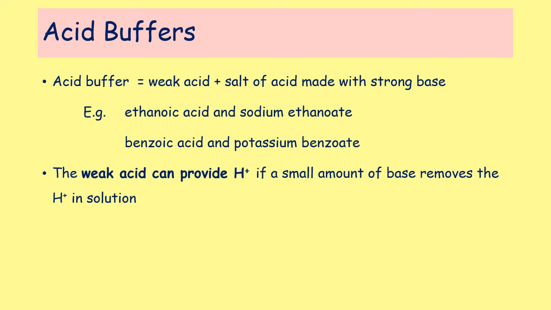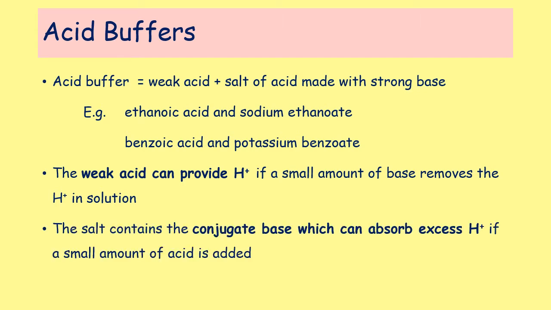Now what this combination allows is that the weak acid is able to provide H+ ions or hydronium ions, if we're being more specific, to the solution because it's in equilibrium. If you add some base and that base removes some of the hydronium from solution, your weak acid is able to add extra H+ into the solution to keep that constant.